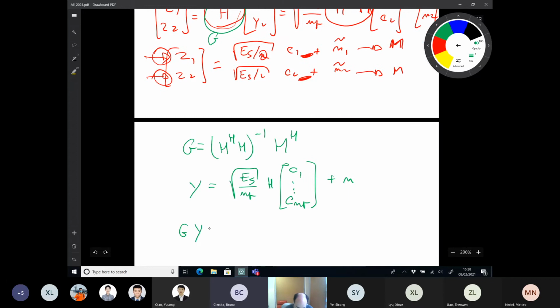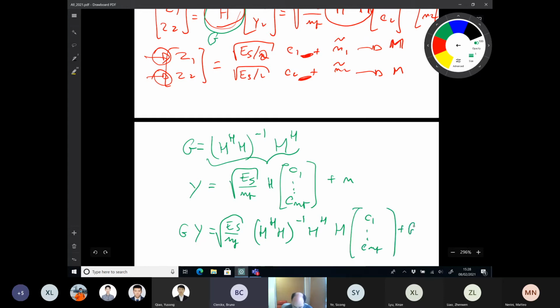Now I have G multiplied by Y. I'm going to have Es over Nt, right, of H Hermitian H minus 1, H Hermitian. I take this and I multiply on both sides. Multiply by H, C1 all the way to CNT, plus G multiplied by the noise, right?